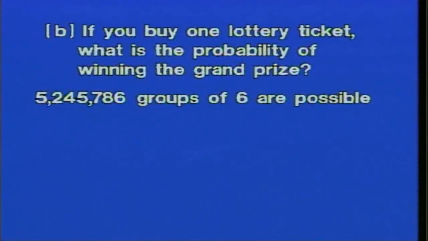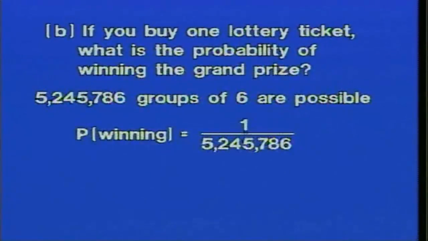The next part of the problem says, if you buy one lottery ticket, what is the probability of winning the grand prize? Bear in mind that this many groups of 6 are possible. So when we talk about favorable outcomes over possible outcomes, this 5 million some odd number represents the number of possible outcomes.